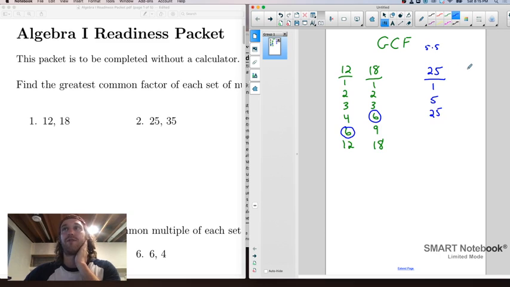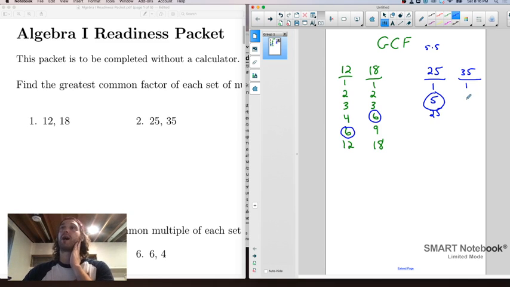So our GCF then is the largest one of these we can divide 35 by. Well, we can divide 35 by 1. We can divide 35 by 5. We cannot divide 35 by 25, so 5 is our GCF. That's going to be our answer. But if we look at 35, we can divide it by 1, not divisible by 2, not divisible by 3, because 3 plus 5 is 8, and 8 is not divisible by 3.